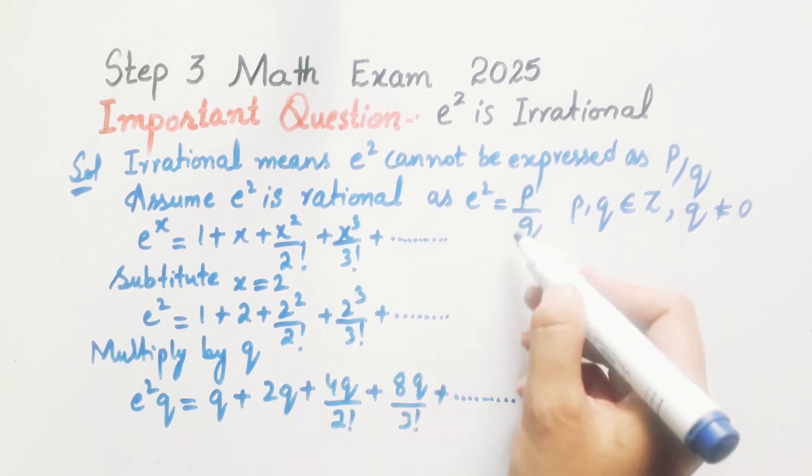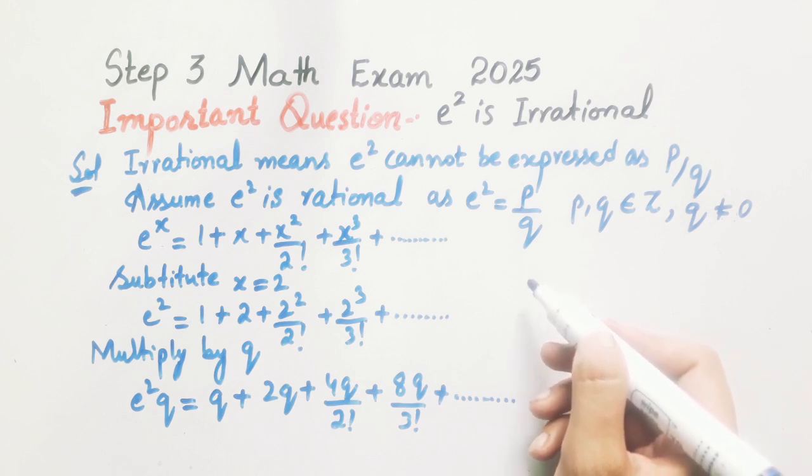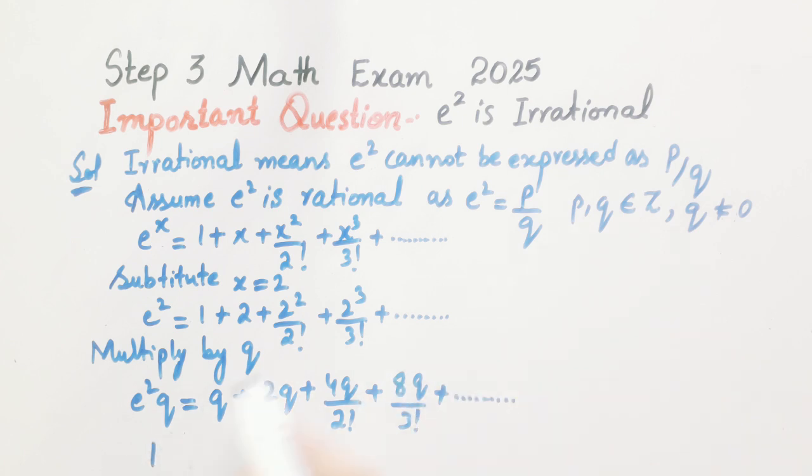Since e square is equal to p over q, it means e square multiplied by q is equal to p. So p will be equal to q plus 2q plus 4q over 2 factorial plus 8q over 3 factorial plus, and so on.